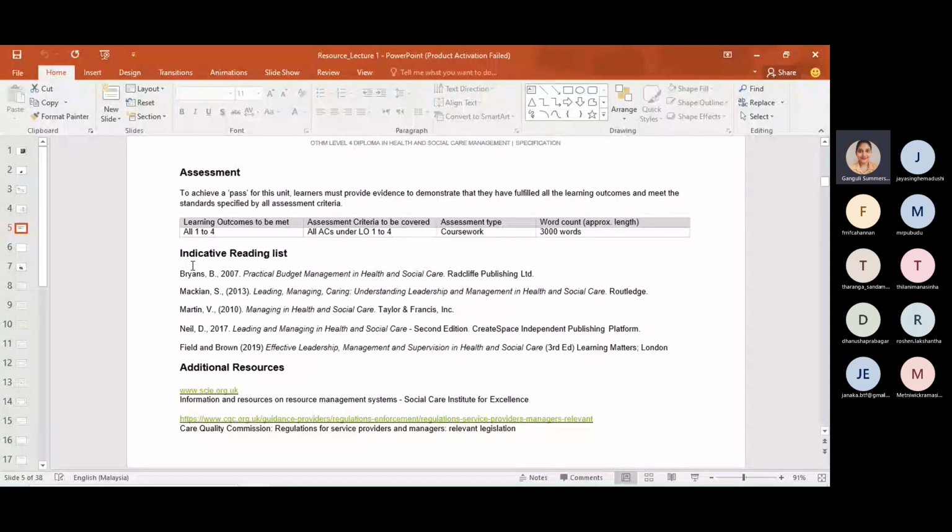Also, guys, there is an indicative reading list. These are the resources suggested by the author itself. As you can see, they have suggested 5 sources as the indicative reading list. Some of these are articles, some are books. You can try to search these materials on the internet.